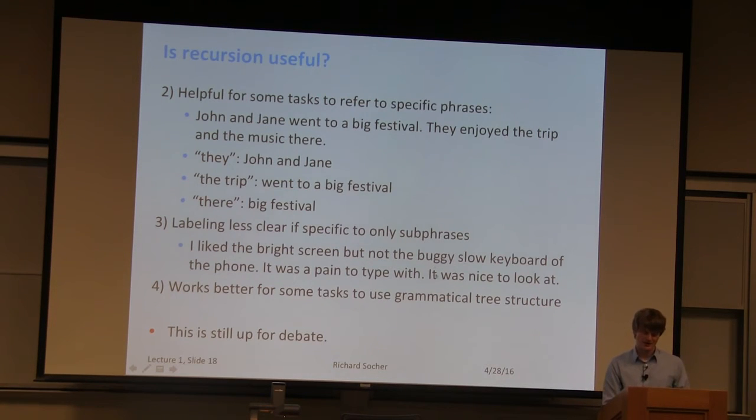Maybe this it should refer to the bright screen, and this it should refer to the buggy slow keyboard, and not just to keyboard by itself. So this is an interesting task of so-called coreference resolution, or when it's a specific anaphora like it, basically a pronoun that you want to refer here to the buggy slow keyboard.